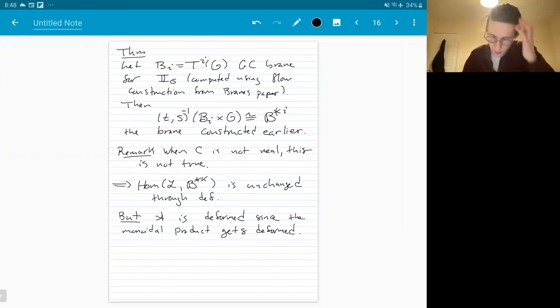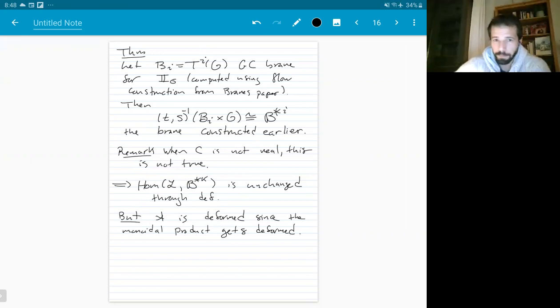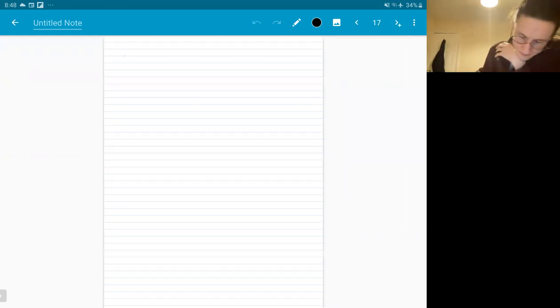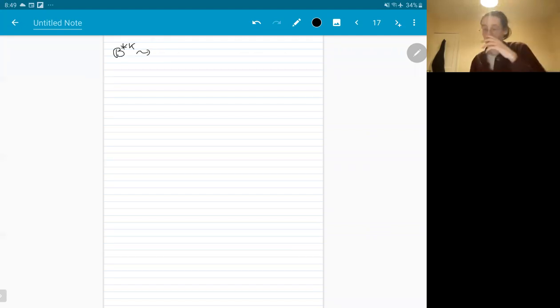Okay, so let me explain what happens in this case. How do we actually construct the algebra? So first of all, this BK, remember, underlying it we have a holomorphic symplectic structure on the cotangent bundle, which is not the standard holomorphic structure, it's this deformed one.